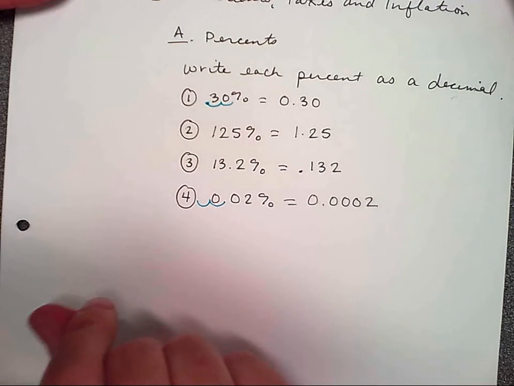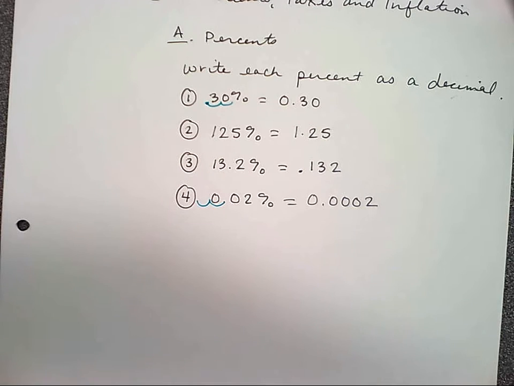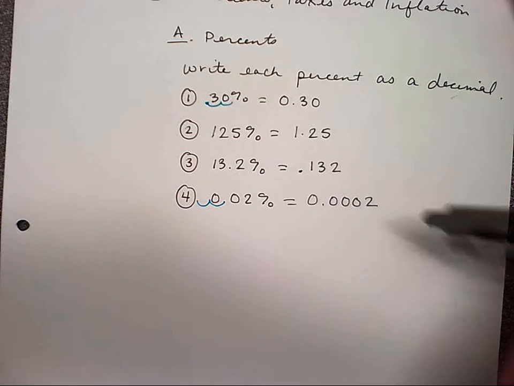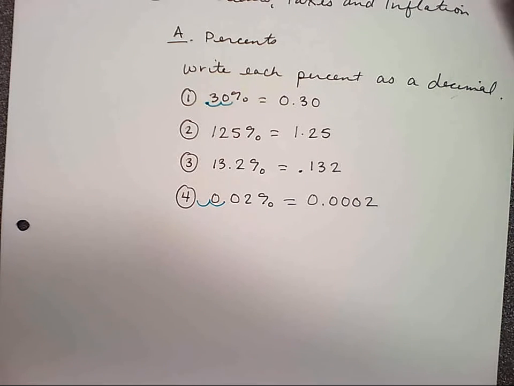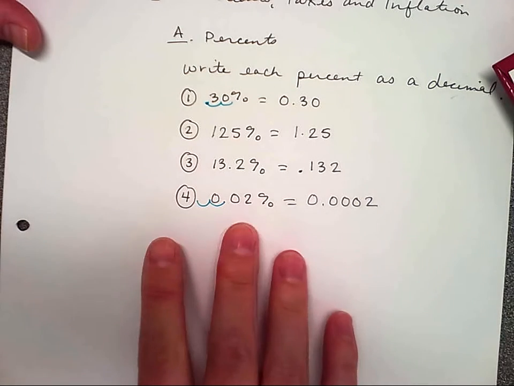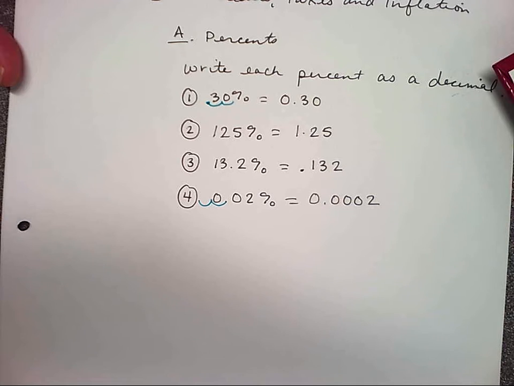So percent comes from Latin for percentum, which means per 100. So that's why we're moving it over. We don't need to convert the decimal to the percentage, right? We're just moving the decimal place over.